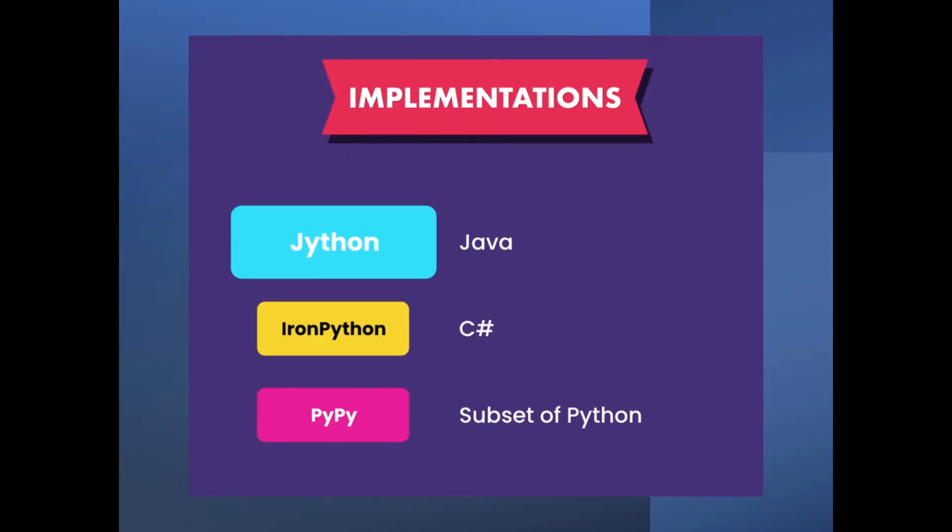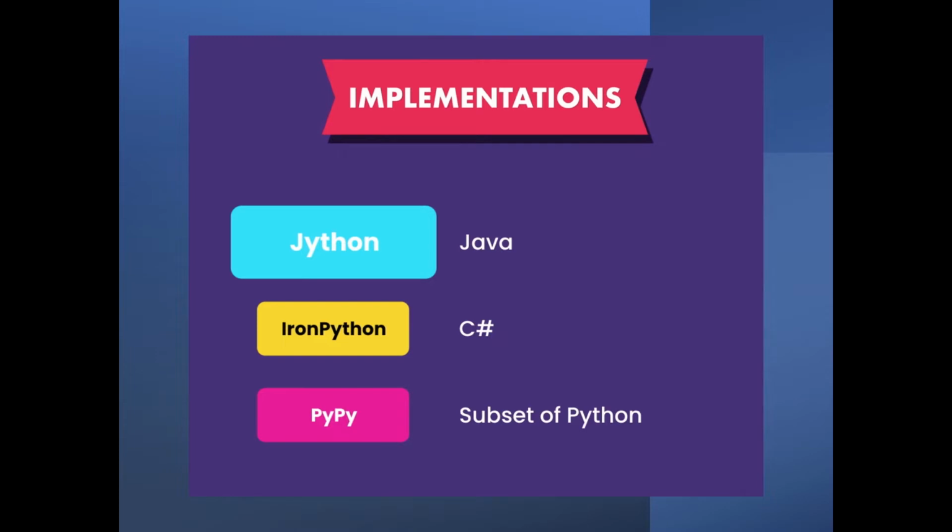There are multiple implementations like JPython, written in Java, IronPython, written in C#, and PyPy, which is written in kind of a subset of Python. So if you give Python code to any of these, they should print out the same result, but in reality they don't, and they behave differently.